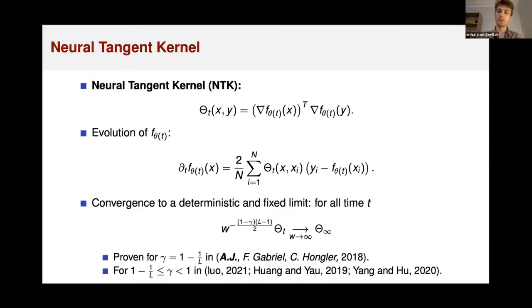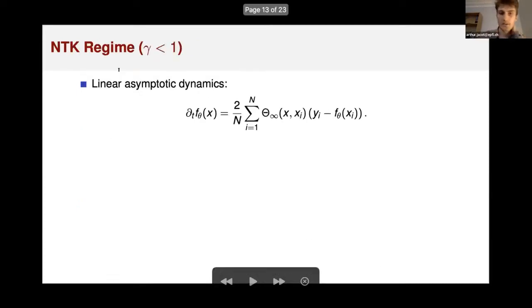Because you move so little, there's a very small change of the parameters, and that's why the NTK doesn't change much. And the implication of this convergence of the NTK is that you get some very simple linear asymptotic dynamics, where we can just take the same differential equation, but replace the NTK by this limiting NTK, which is a constant object.